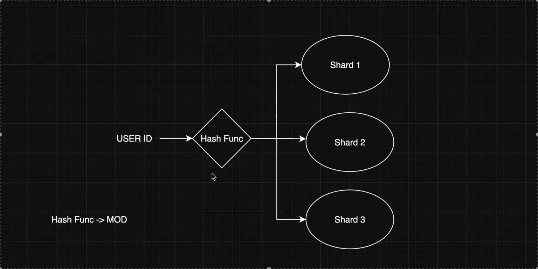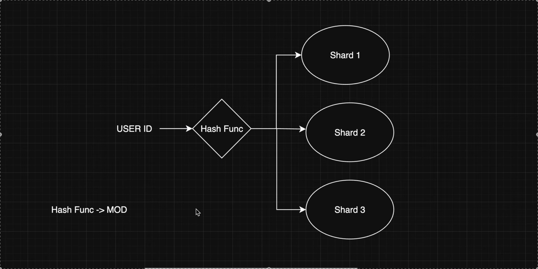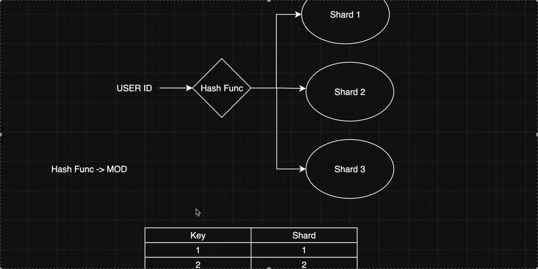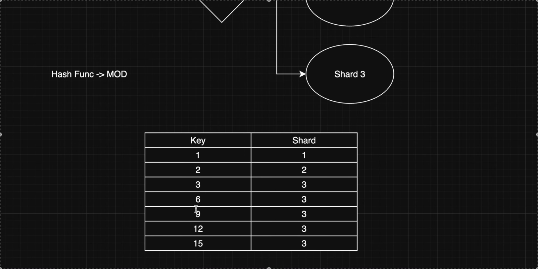Okay, so this behavior we want, but how will we achieve it with hashing? What should this hash function do to achieve this functionality? So let's suppose we are using a simple mod hash function. Okay, so we have three shards here, so we have done mod 3.